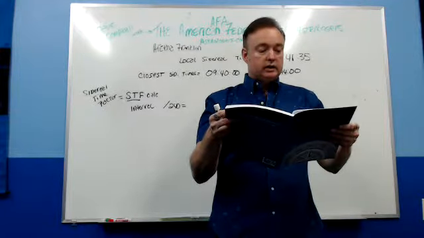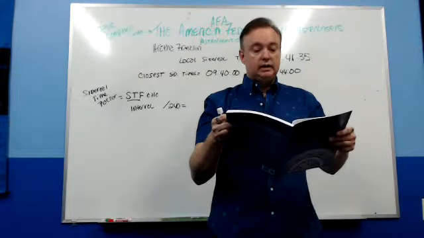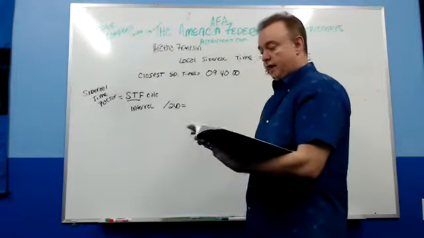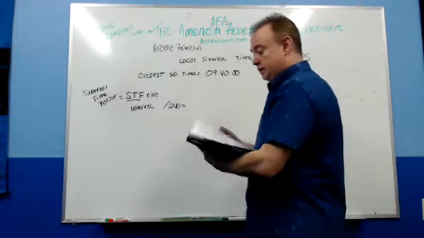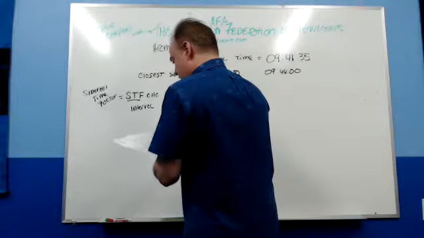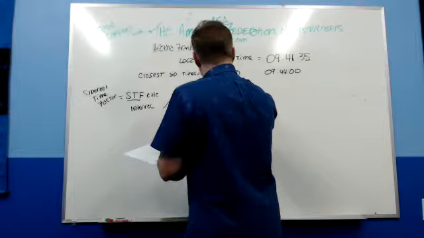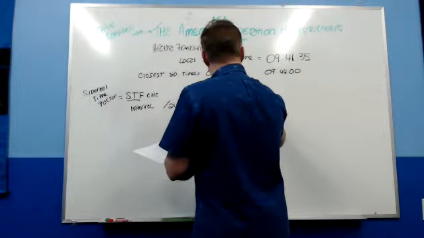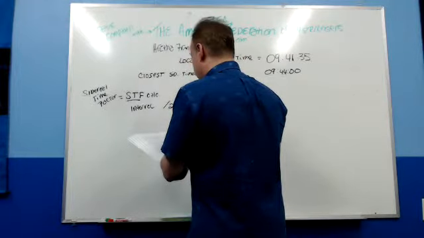So the first one is the Sidereal Time Factor, which is STF. So how do we get that factor? You have to take the calculated sidereal time, which is 941.35, and subtract it from the closest earlier time.